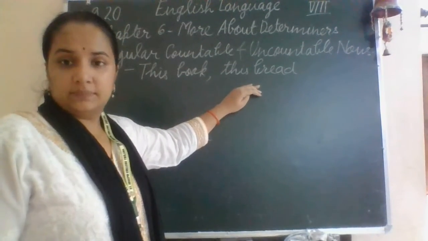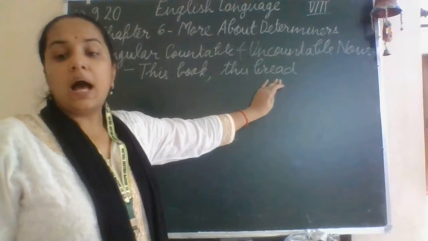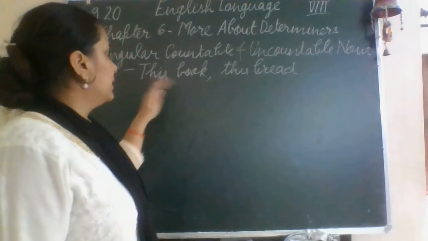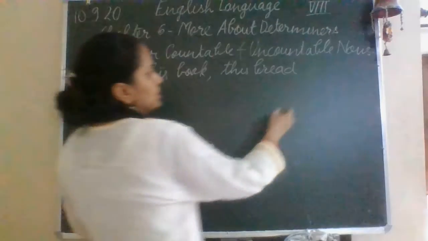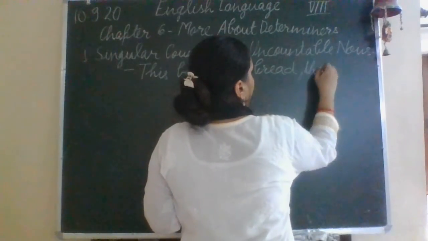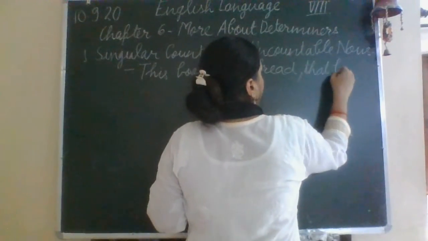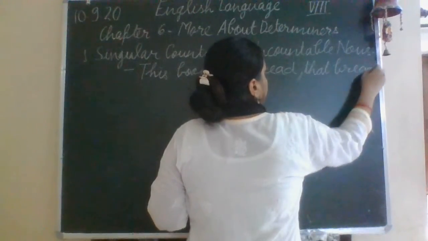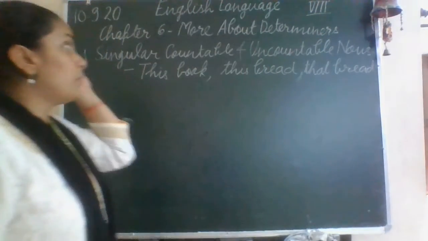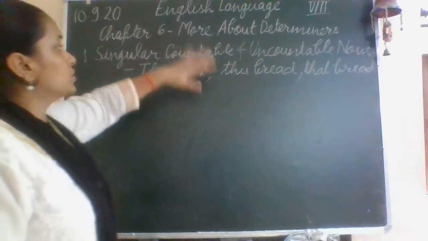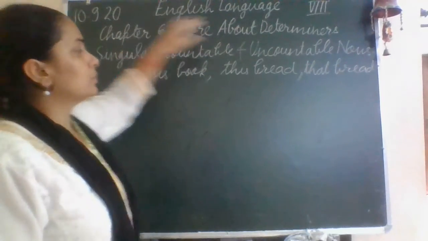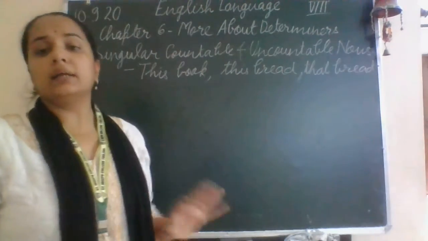And this bread. Bread is uncountable. So here this, that, or also we can write that bread. So this and that are the determiners which can be used with the singular countable and the uncountable nouns.